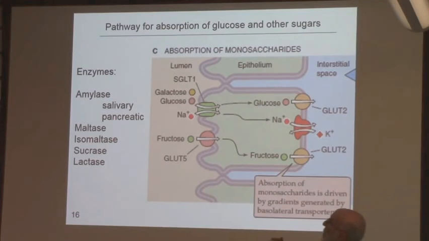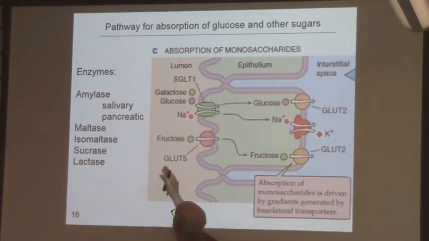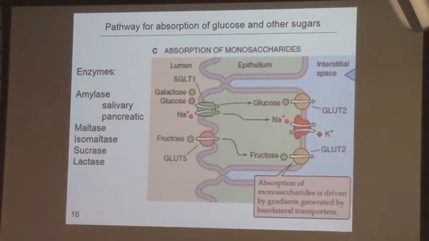Amylase, these enzymes, absorption of the monosaccharides. Questions about this? Yeah.